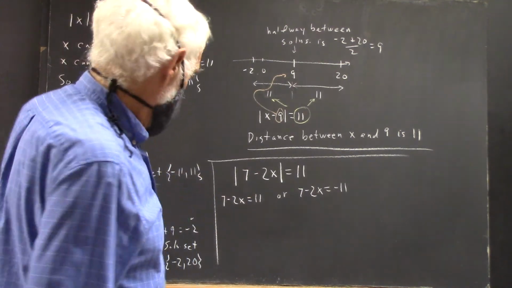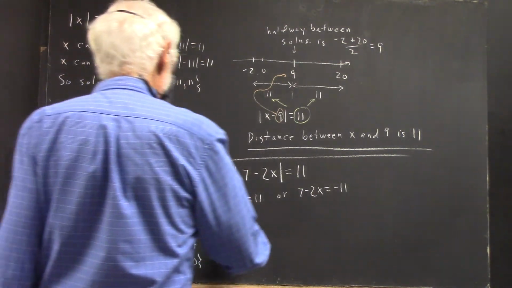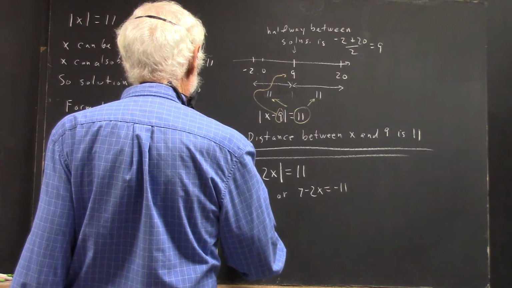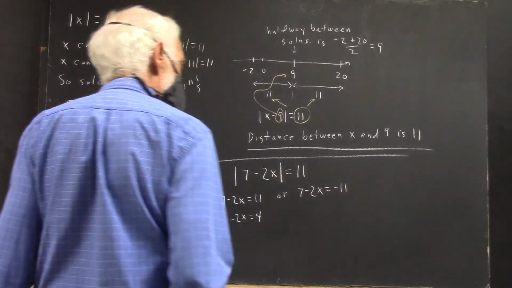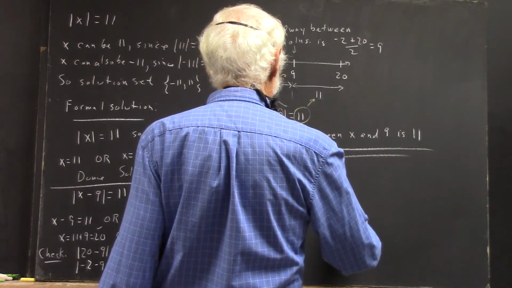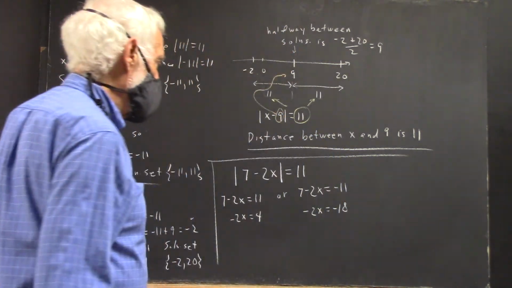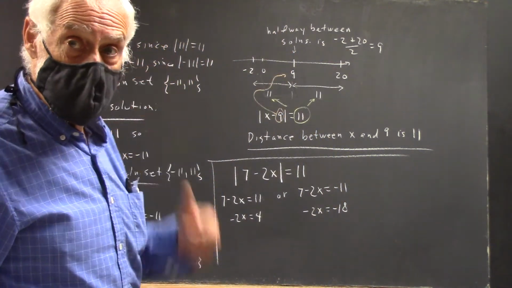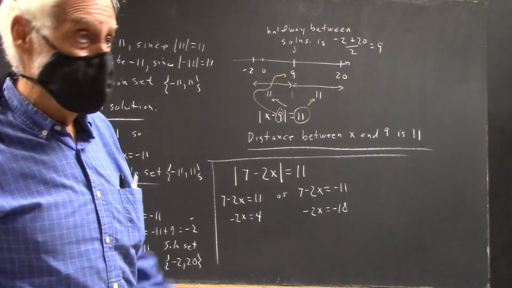Okay? Well, both of these are really easy to solve. We get negative 2x equals 4, or we get negative 2x equals negative 18, right?